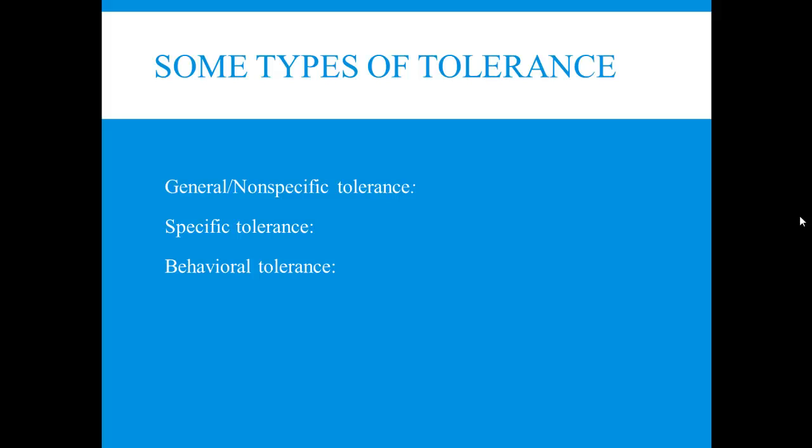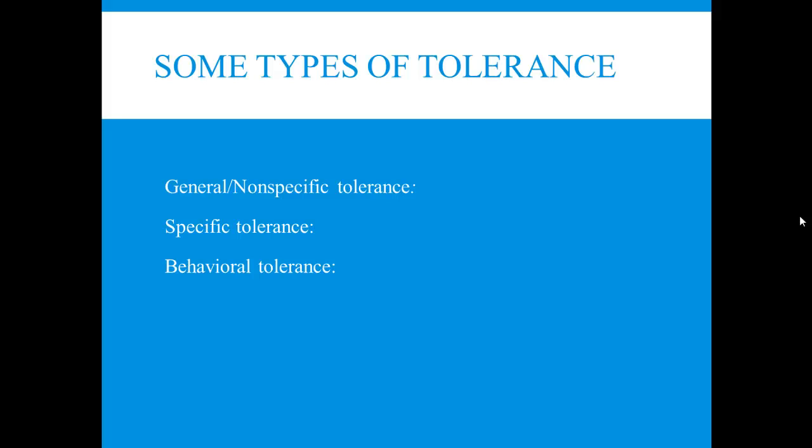If we use that same example of the aspirin, let's imagine that the aspirin no longer relieves my headache, but it still upsets my stomach. Okay, that's specific tolerance. Tolerance develops to one effect associated with the drug, but the drug maintains its ability to produce its other effects.